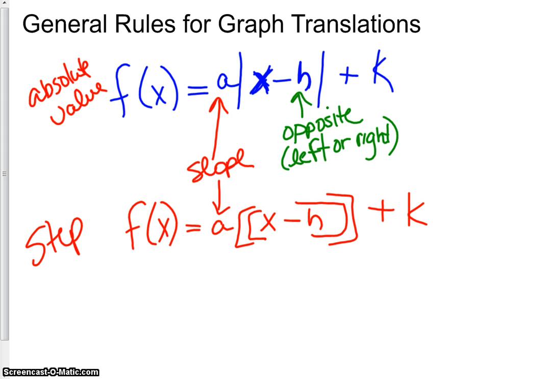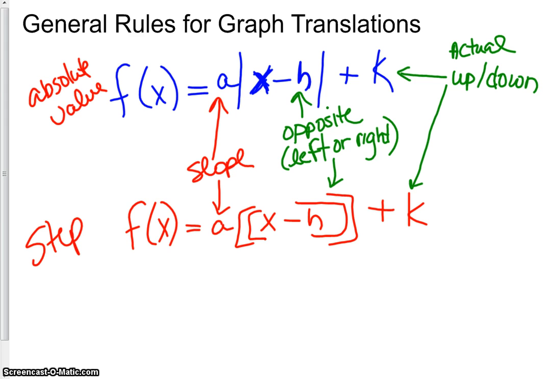That's why we say negative h, because it's the opposite of whatever h is. This is our constant, and this is going up or down. This tells us whether we're going to go up or down, and it's actual. I'm going to put the word actual here. Actual. So it tells us, do we actually move up? Do we actually move down? Same thing for this k, same thing for that h. It's telling us up or down, left or right.